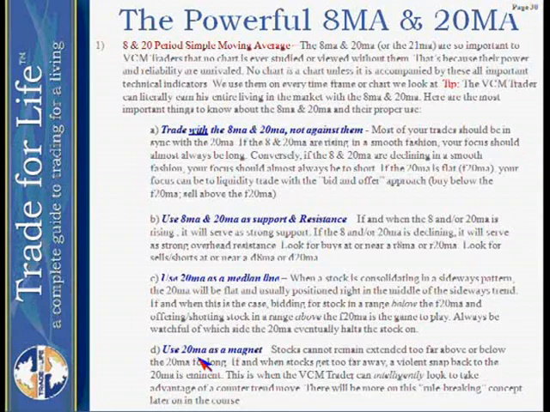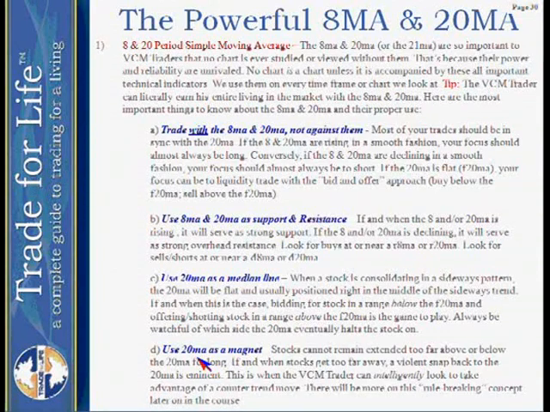But if there becomes a wide separation between the stock and the 20, you're in store for a counter move all the way back to the 20. Stocks cannot remain far away from the 20 for a long period of time. They can get there, they can't stay there.